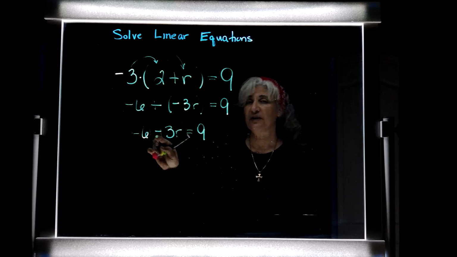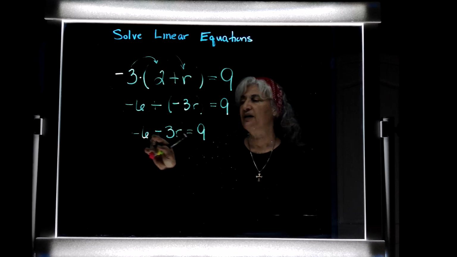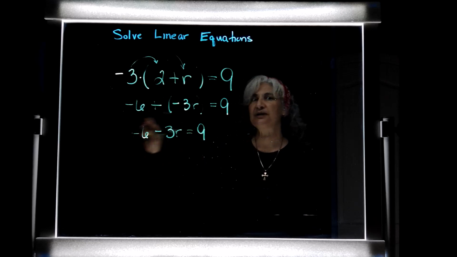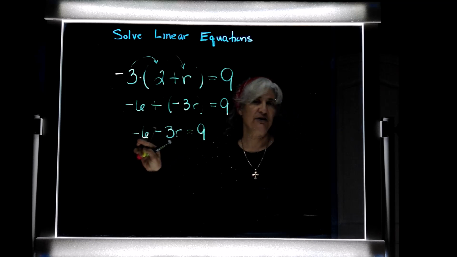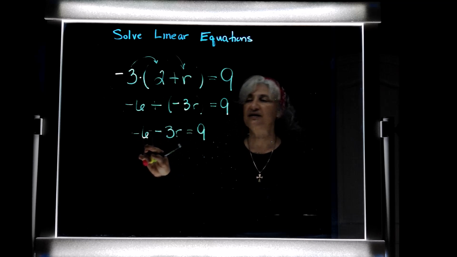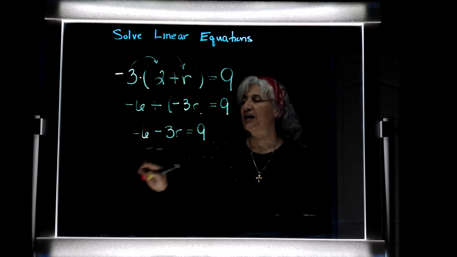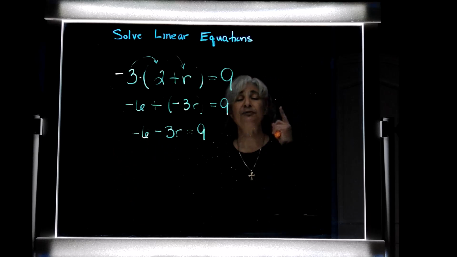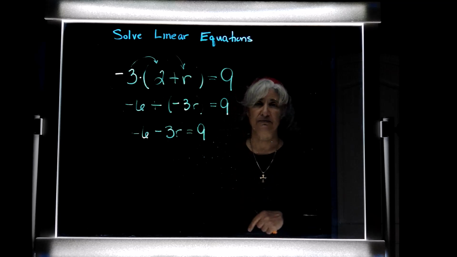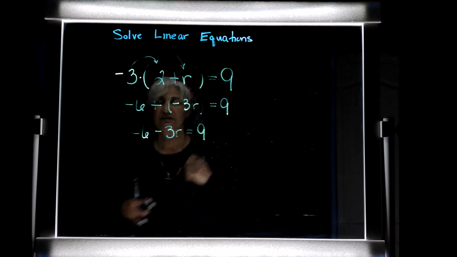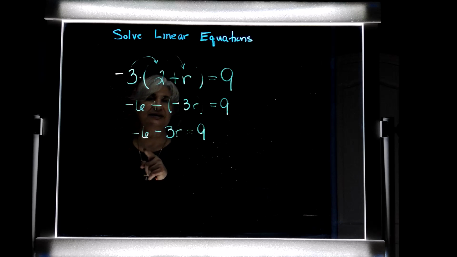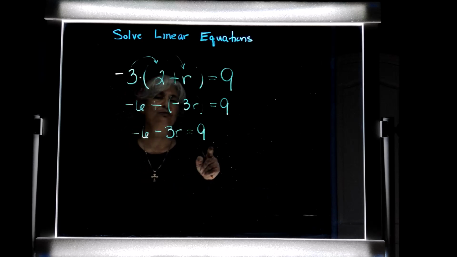Now, when you're solving, you get rid of what's around the variable first. This -6 is completely outside the variable, shall I say. This -6 is the farthest away from the variable. So let's get rid of that first, simply because it doesn't have a variable. So, in order to get rid of this -6, I need to move it to the other side.